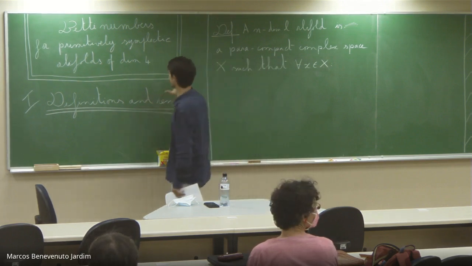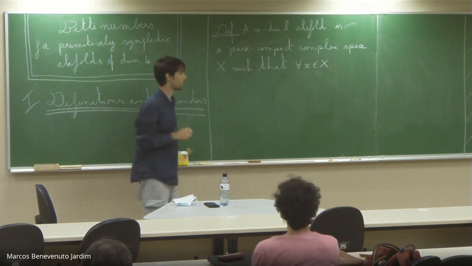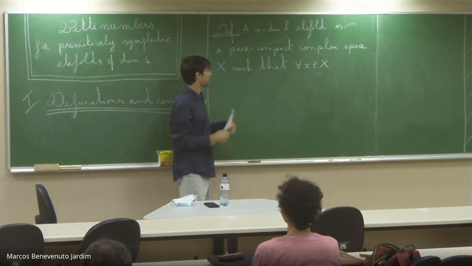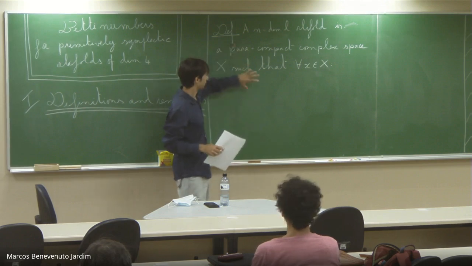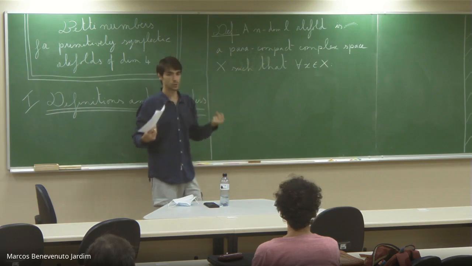So for me, I consider an orbifold here as a complex space. It's not a stack version of an orbifold, but we need that locally the singularities are always quotient singularities.